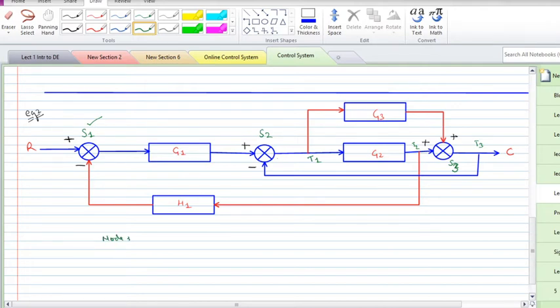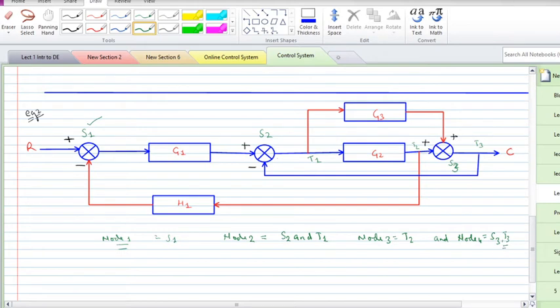So in this case, node 1 is for S1, node 2 is for S2 and T1, node 3 is for T2, and node 4 is for S3 and T3.